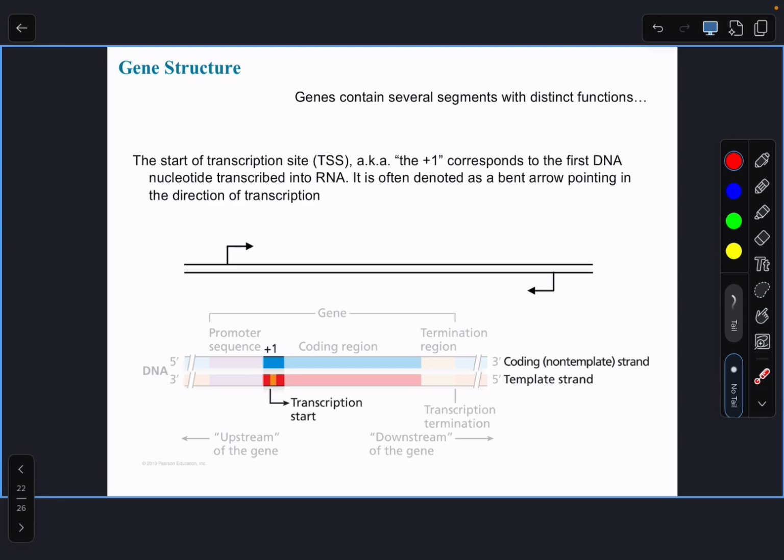So for this gene here on the left, the promoter is going to the right. What that means is that the template strand will most likely be the one here, the lower strand. That's where RNA polymerase will read in the 3' to 5' direction to produce a transcript in the 5' to 3' direction. But for this gene here, it happens that the TSS is pointing in the opposite direction.